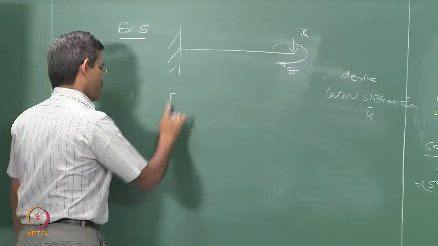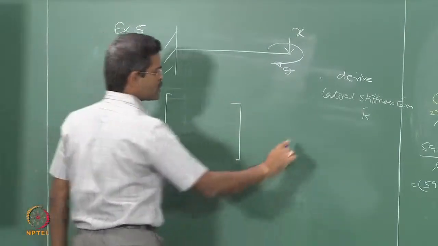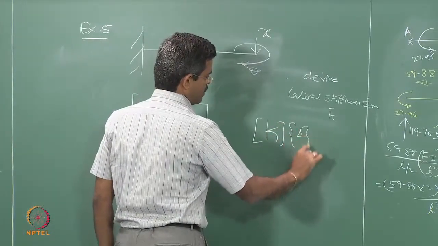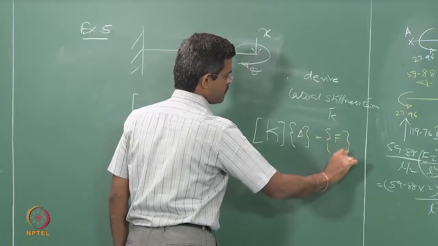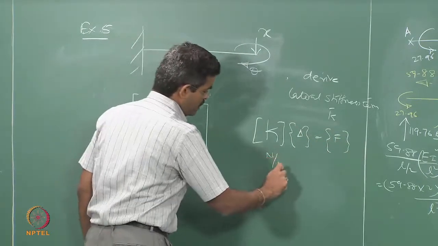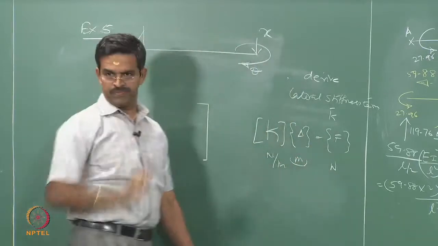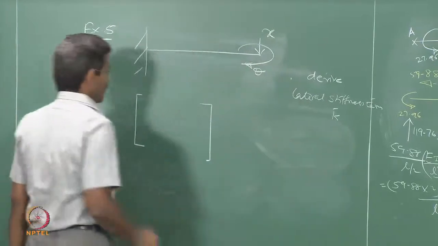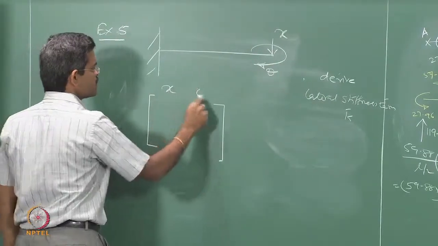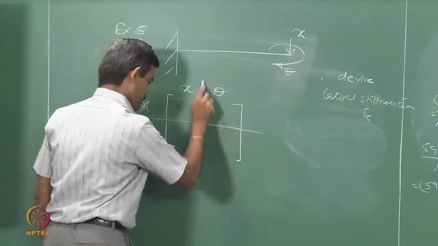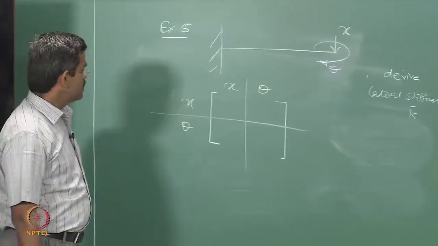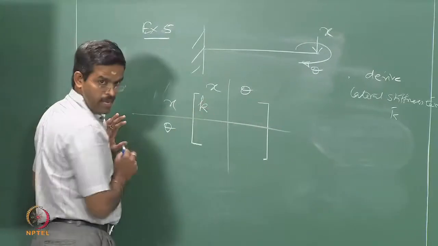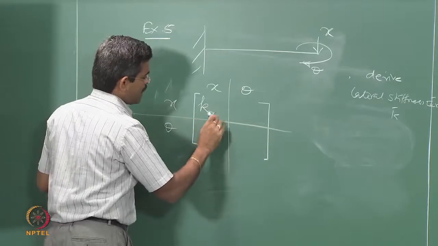Let us say, we all know the standard equation in matrix algebra is K multiplied by displacement will give me the force, because Newton per meter times meter gives Newton. I am using the same algorithm here. K matrix, with x theta, x theta. This is a capital K in the sense that it is a full matrix. The elements are small k, row first, column next.